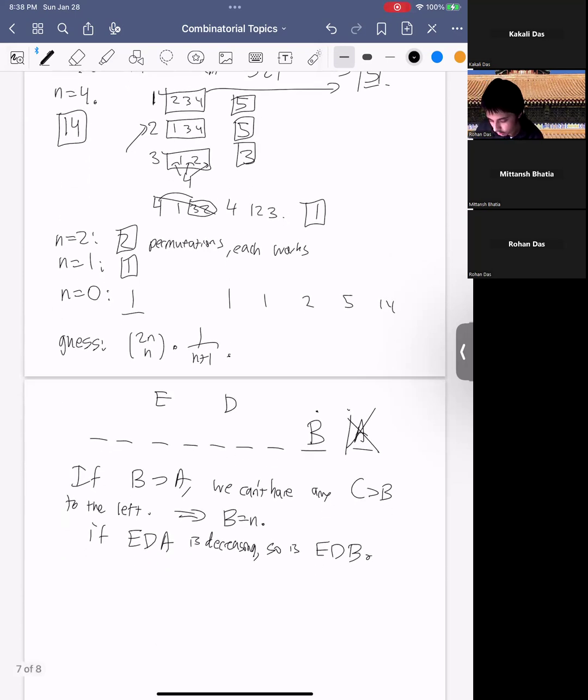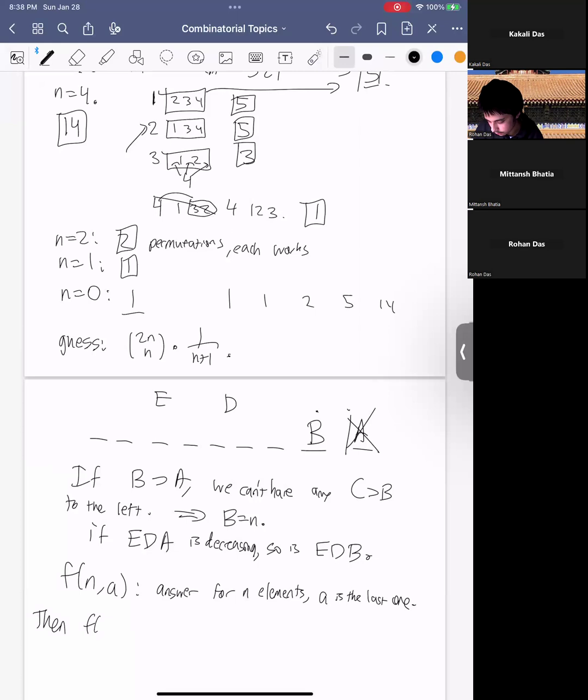So we can define for convenience f of n and a to be the answer for n elements where a is the last one.